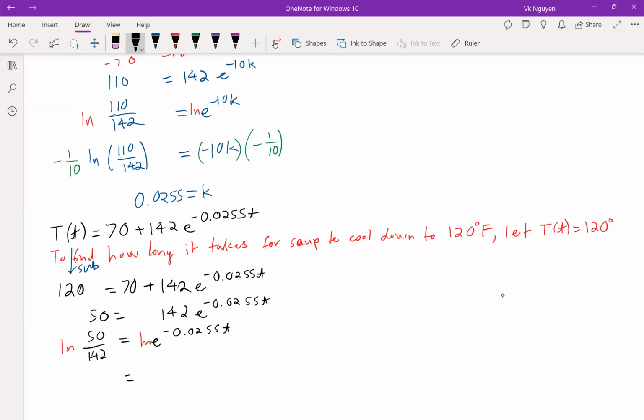And ta-da! Negative 0.0255t equals ln of 50 over 142. Next, divide both sides by negative 0.0255, or multiply by negative 1 over 0.0255, and we have t.